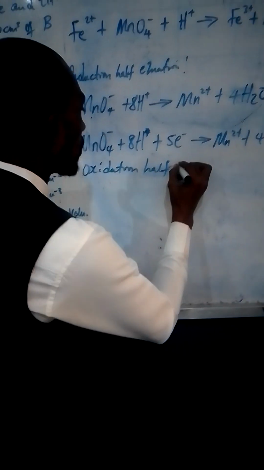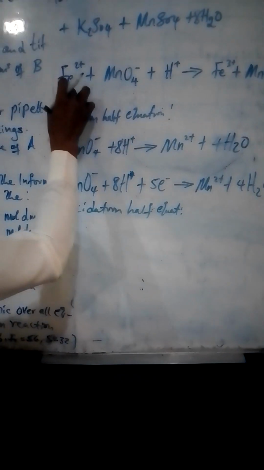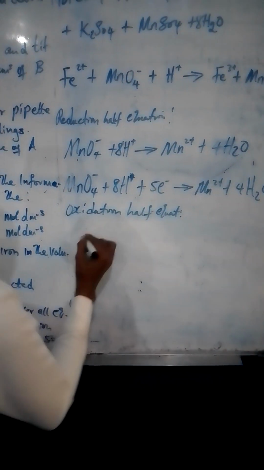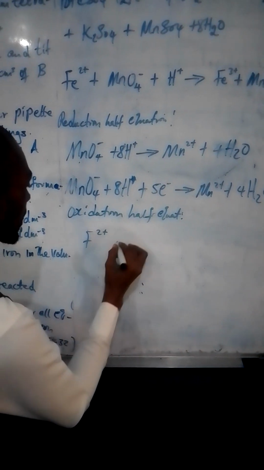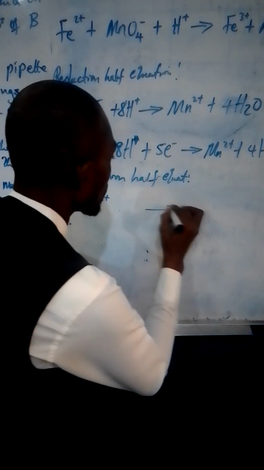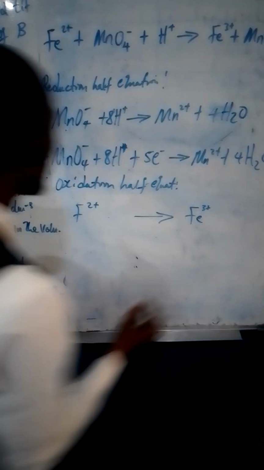The oxidation half equation: the one that is being oxidized is iron, because iron moved from oxidation number of 2 to oxidation number of 3. So iron is being oxidized, from iron 2 to iron 3.